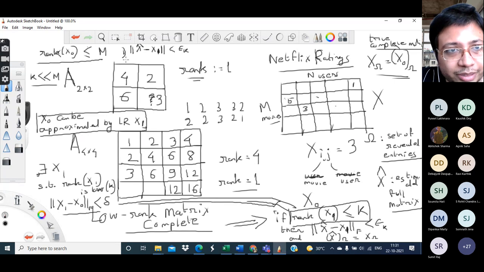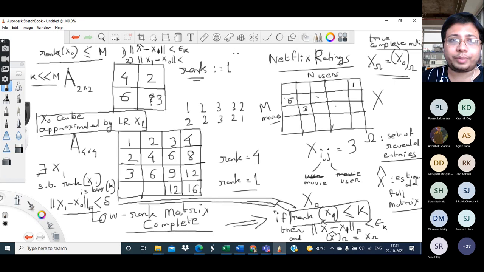And the second piece of information I have is that X1 is quite close to X0, where X0 is the true full matrix. In both cases I am talking about the Frobenius norm.